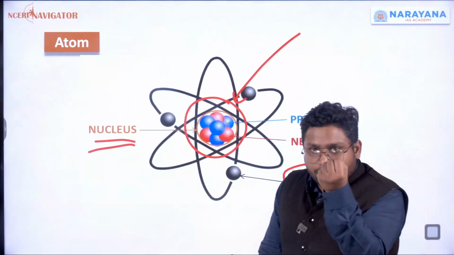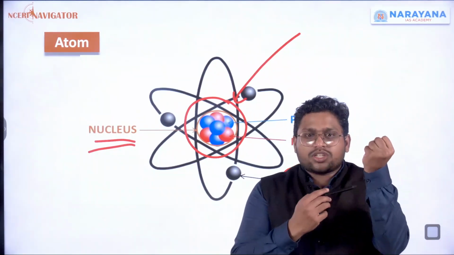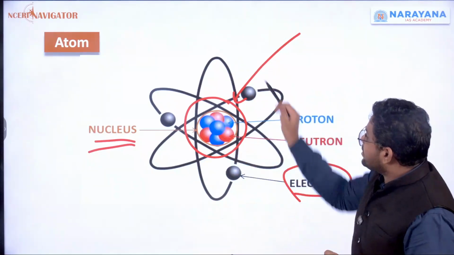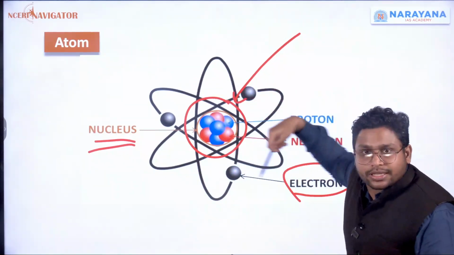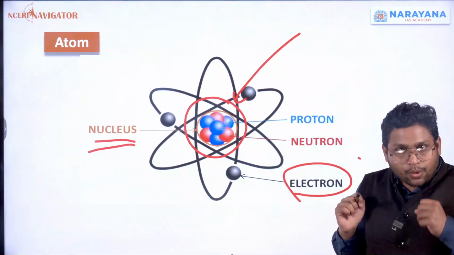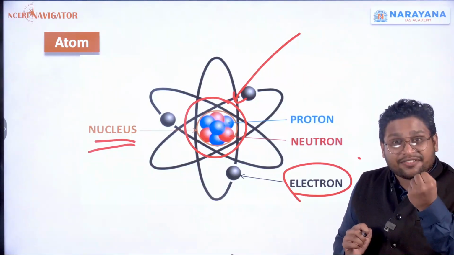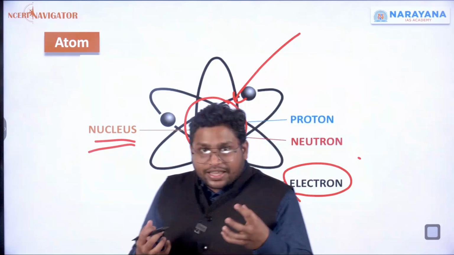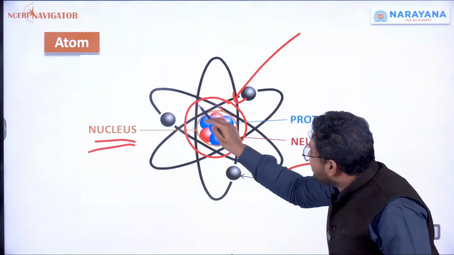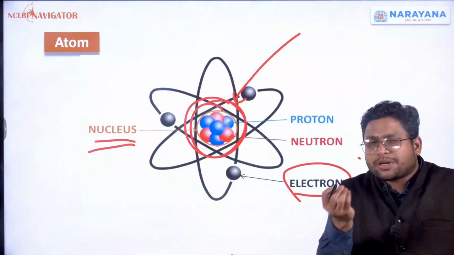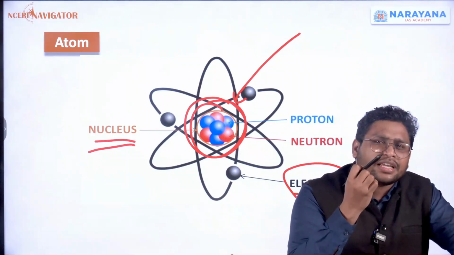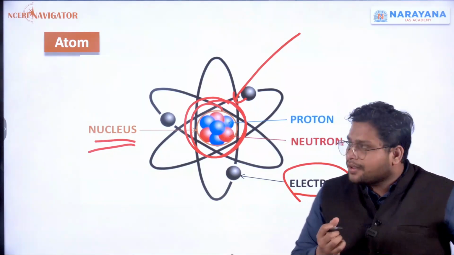Some electrons are moving like this, some like this, some like this. Okay. So there is a very dense nucleus. If you are calculating the mass of an atom, you will look at this region. You will not look at these electrons, because electrons have very negligible mass. You don't even need to consider it.